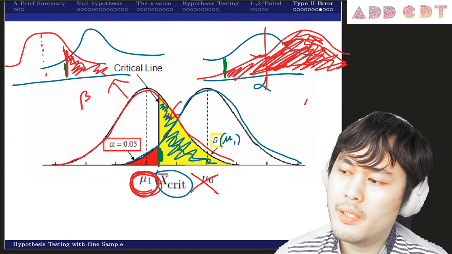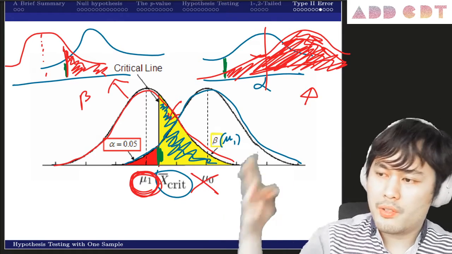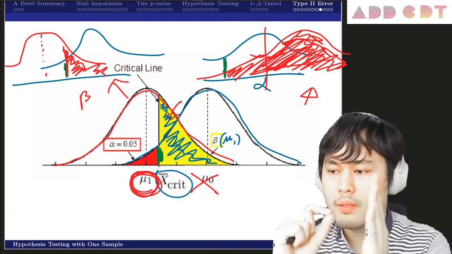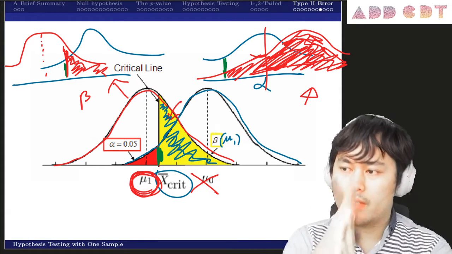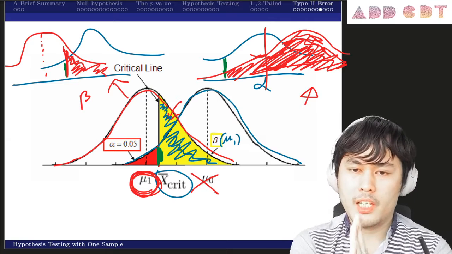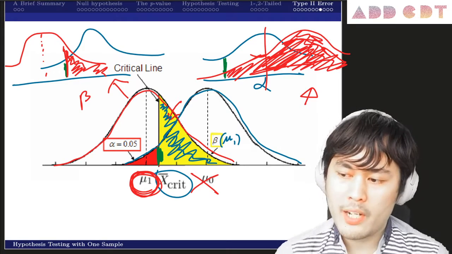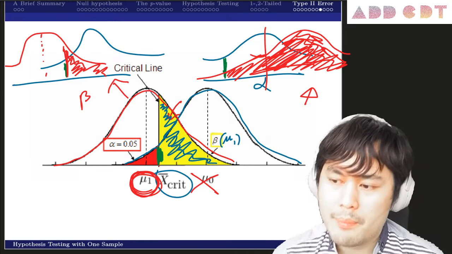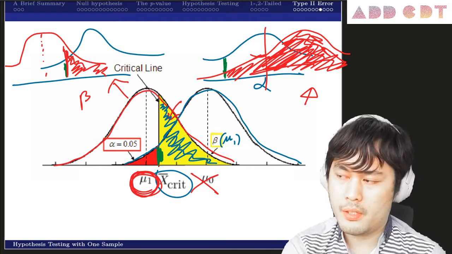But in this case, even if it's large, we don't actually have to care about that, because if the value mu1 is greater than mu0, that means it already agrees with our hypothesis.